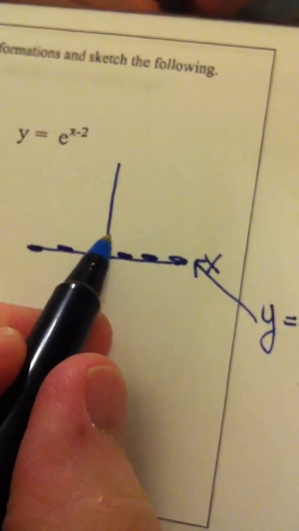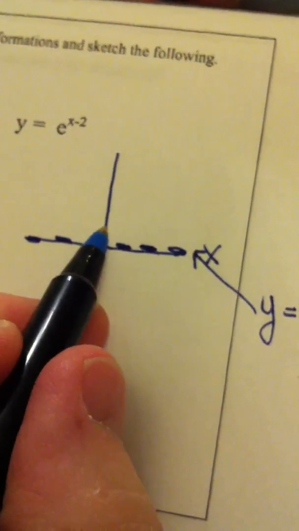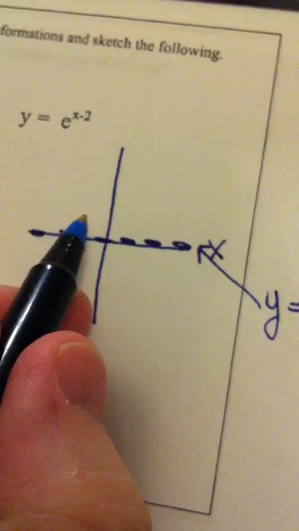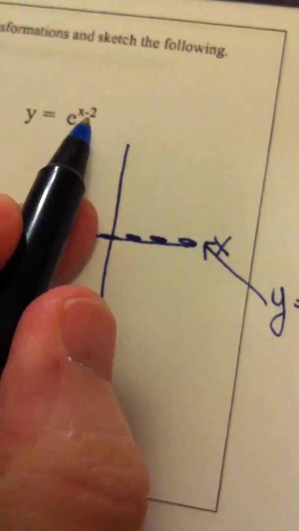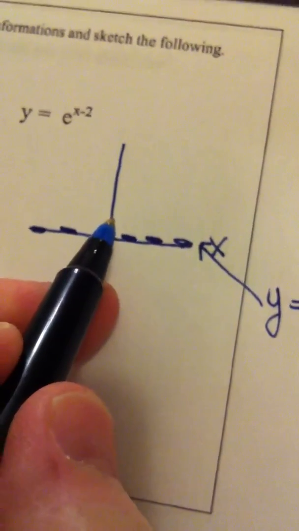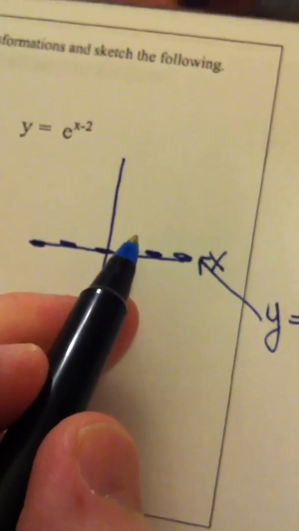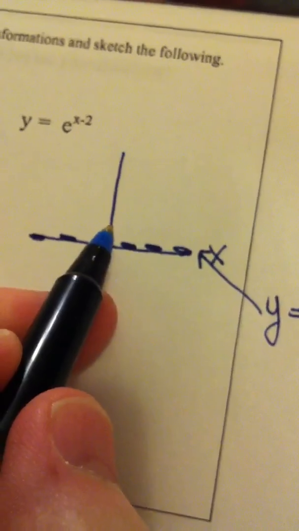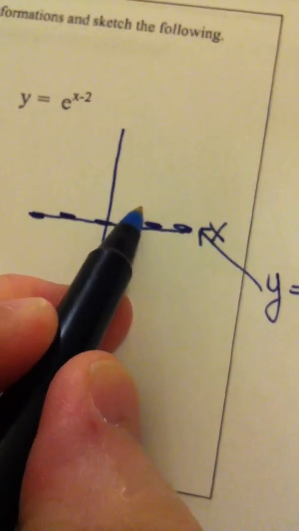Well, when we're shifting the graph over, what's going to happen is that dot moves over, and we're doing this 2 spaces to the right, okay? So what used to be there is now here.